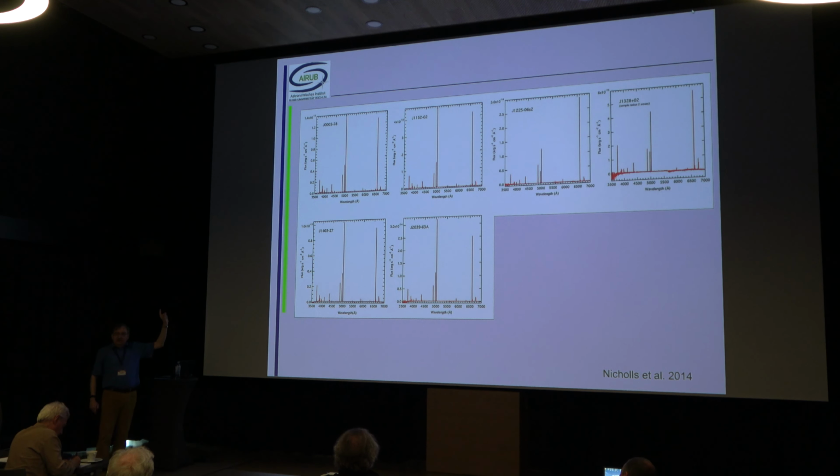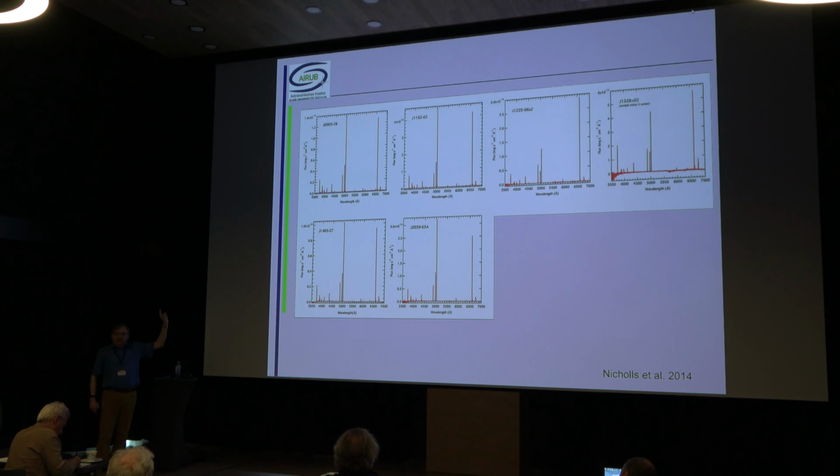And then you can do theory and say, okay, these lines have different ionization potentials, they come from different levels in their atomic structure. So you have lines which are sensitive to the ionization degree, to density, to temperature.